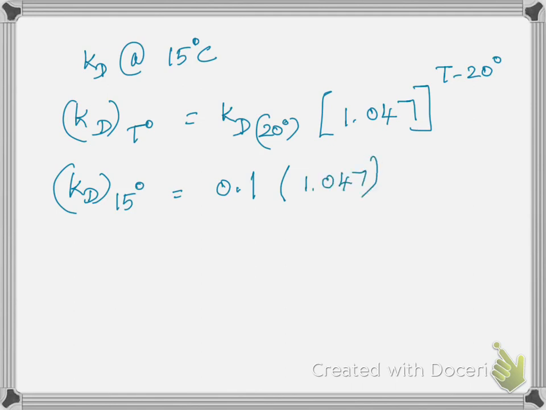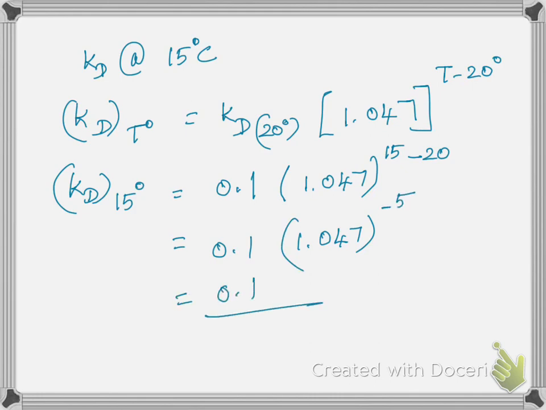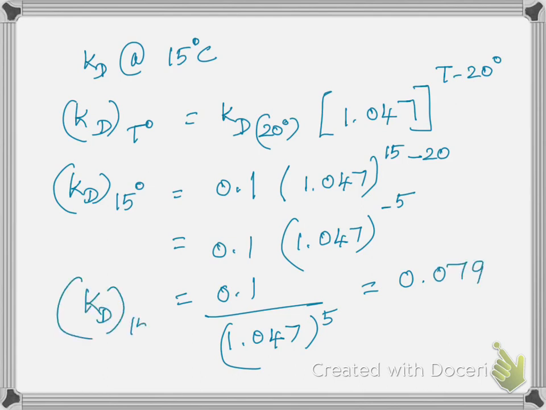T value is going to be 15 degrees minus 20 degrees. So which is 0.1 into 1.047 the whole power minus 5. It can be written as 0.1 divided by 1.047 power 5, which will give me the value of 0.079. So KD at 15 degrees Celsius will be 0.079.